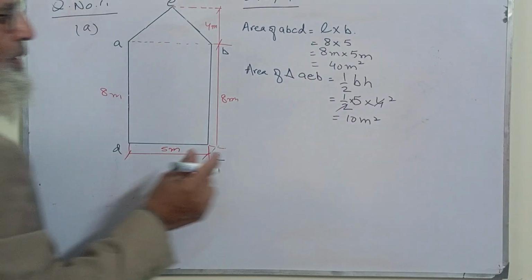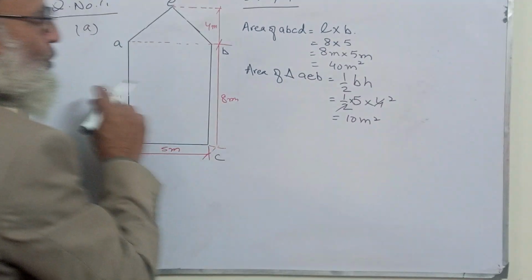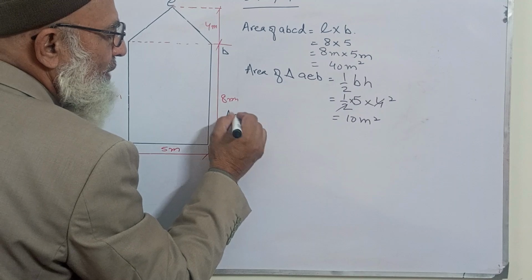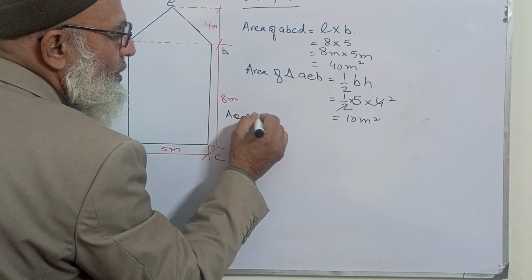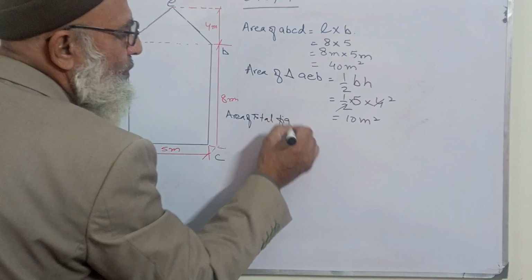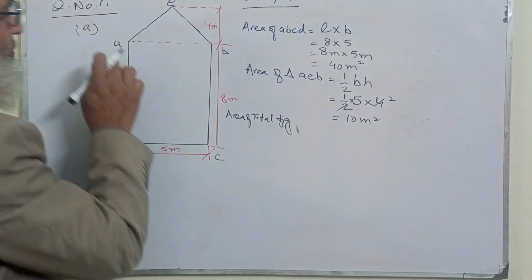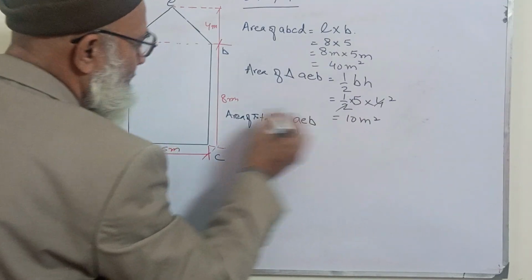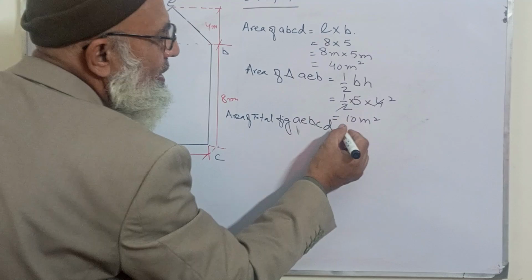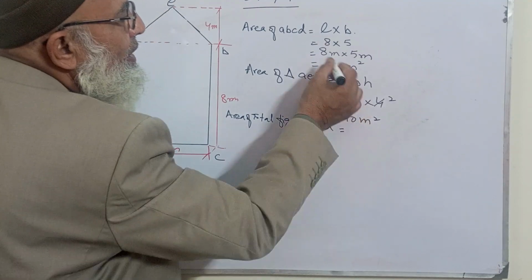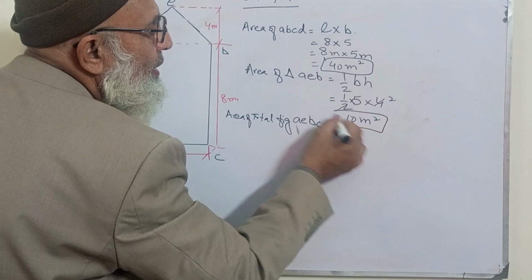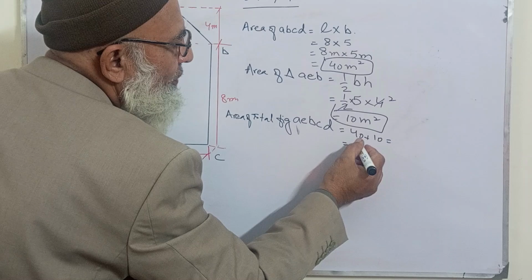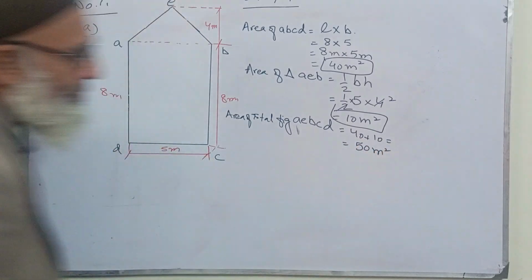So we'll add up both. Now let me write it. Area of total figure, which by name we can call AEB and CD, is equal to 10 plus 40, which is equal to 50 meters square.